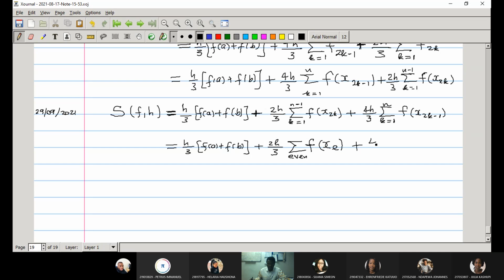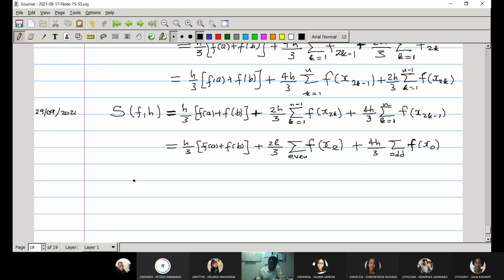Plus 4h by 3, and then you sum here over the odd, f of x sub o to indicate odd. So if you write this, it's still correct. Why?